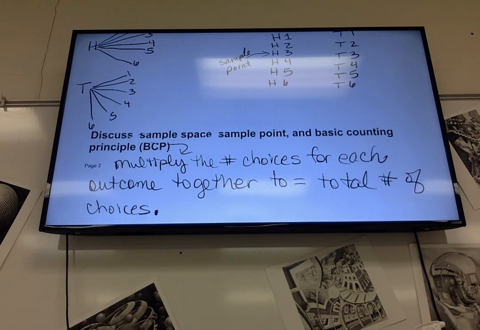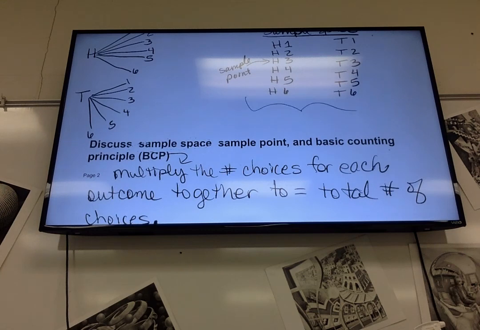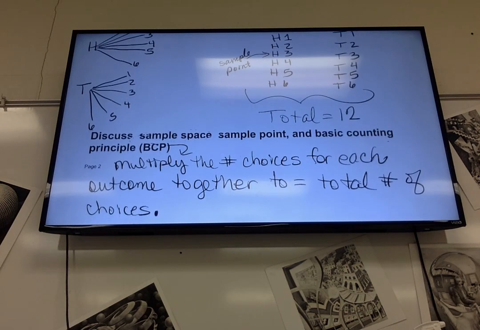Now, if you count that list up there, the sample space, how many points are in the sample space? 12. There are 12, that's right. Just by counting all these up, there's a total of 12. If we do the basic counting principle, we don't have to list them all.